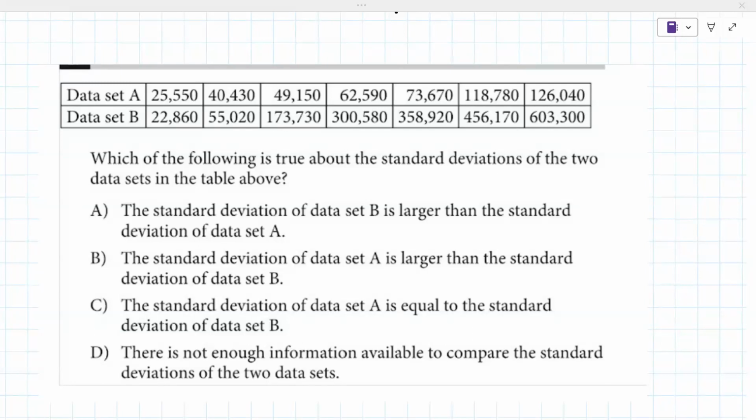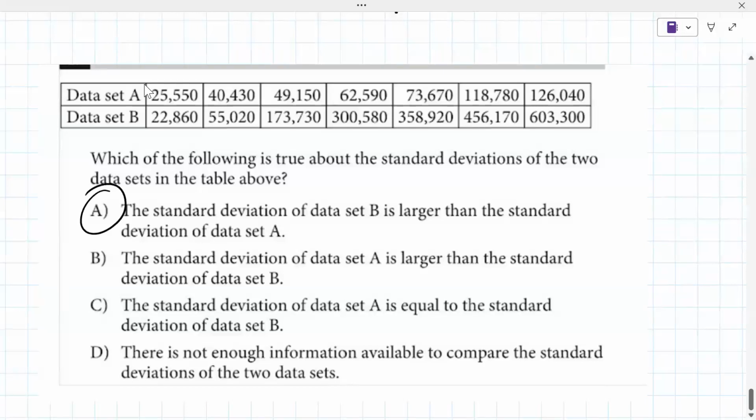A. Why is the standard deviation of data set B larger than that of A? Because the range is bigger in B. Yeah, that's basically enough for what you're trying to do. That's a shortcut here. Yes, it is A.